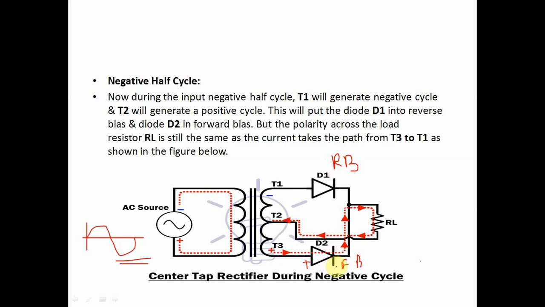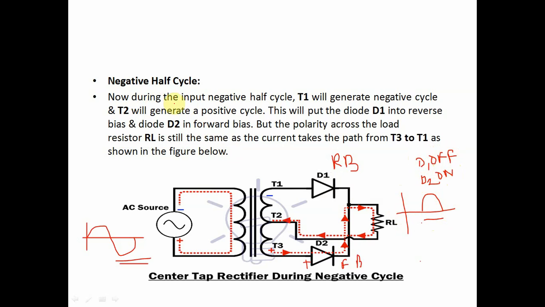So D2 acts as forward biased and D1 acts as reverse biased, and output is taken across load resistance RL. Here diode D1 is in off condition and diode D2 is in on condition.